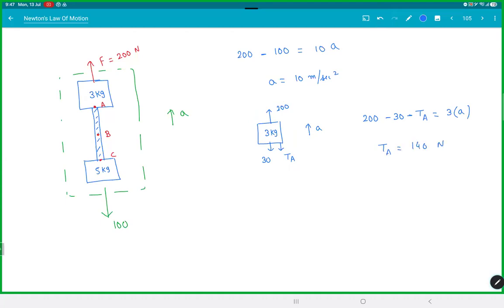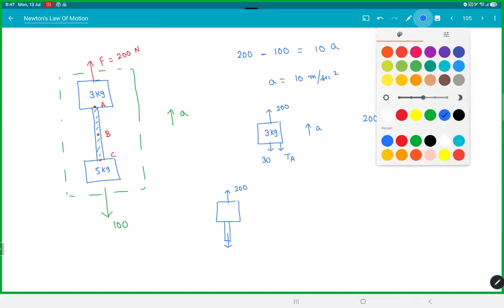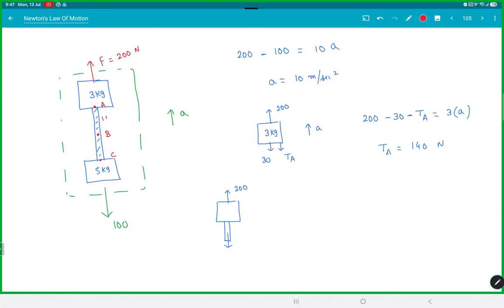Then what do you want to find? B, cut it here. As simple as that. When you cut it, you can take anything you want. I will again take the upper part. This is 200. Now remember B is the midpoint, so this was 1 kg and this was 1 kg.